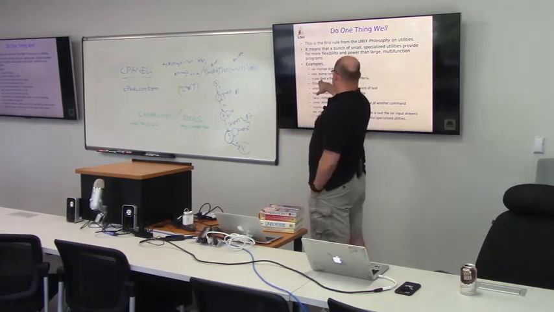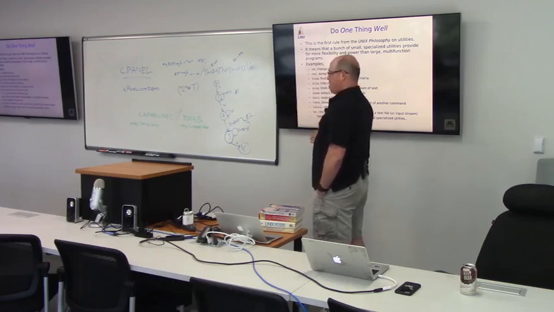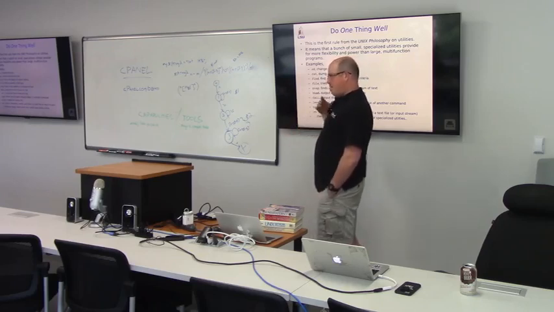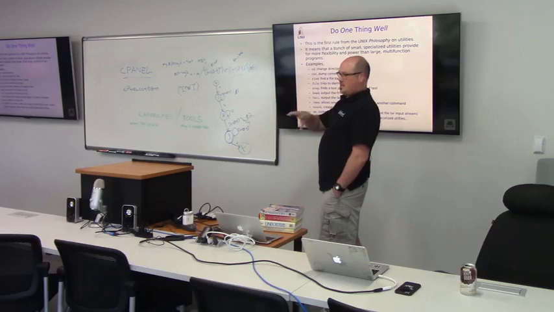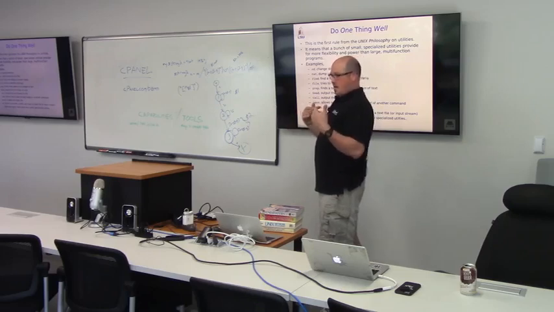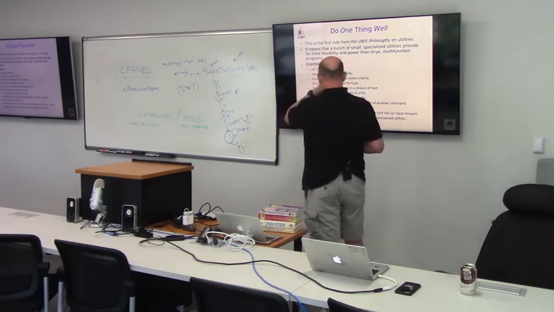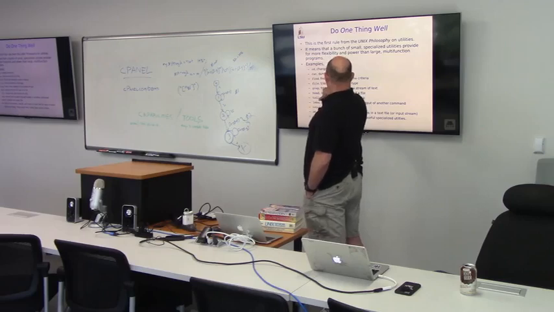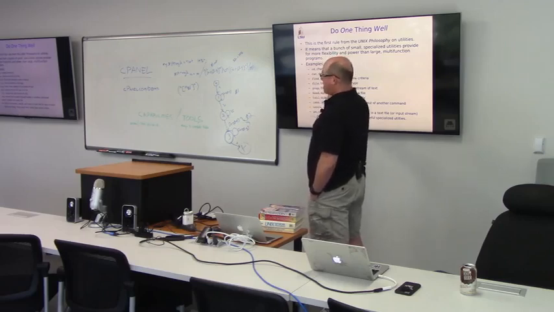Okay, find is a really handy utility. It'll let you find a file by name, by creation date, by access time. It basically gives you a way to search for files based on any kind of information that can be gotten from the file system itself. File tries to identify the type of file you're dealing with.